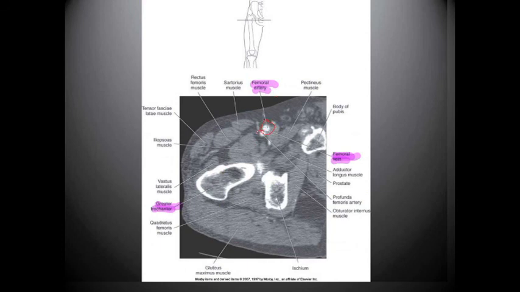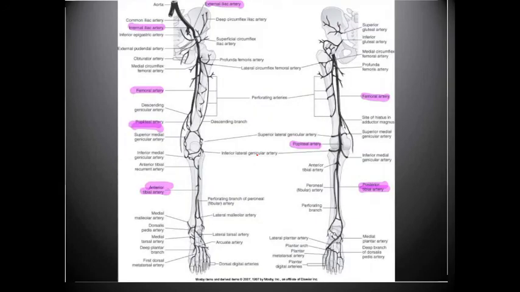Here we have the femoral artery, and notice the femoral vein has contrast enhancement in it as well. So we'll return back to the heart. As we see, the external iliac artery comes down, and then it bifurcates to a certain degree here, but continues down as the femoral artery till around the knee, and then it becomes the popliteal artery.